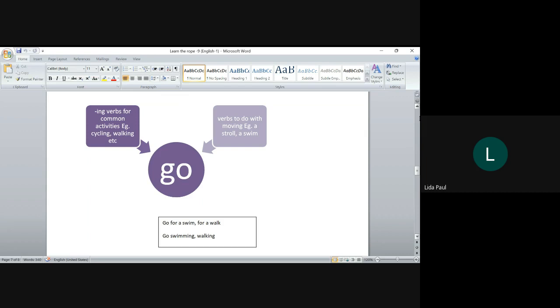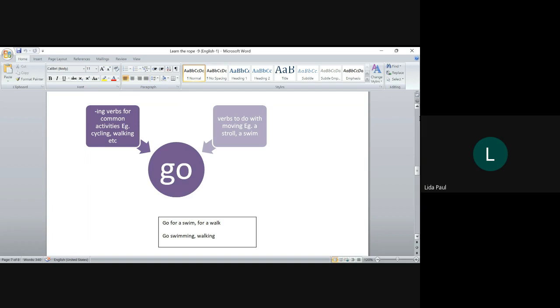So example, stroll, swim, or ride, the same thing without an ing, what you see on your left-hand side, but without the ing form. So look at this. Go for a swim, go for a stroll, go for a walk, right?